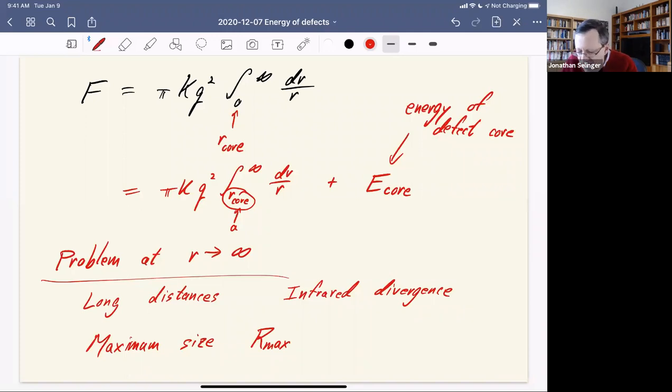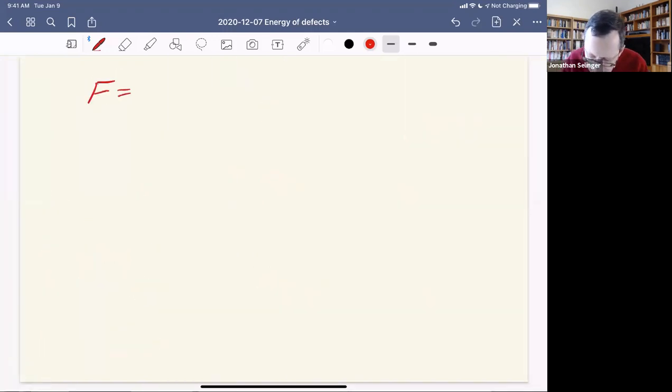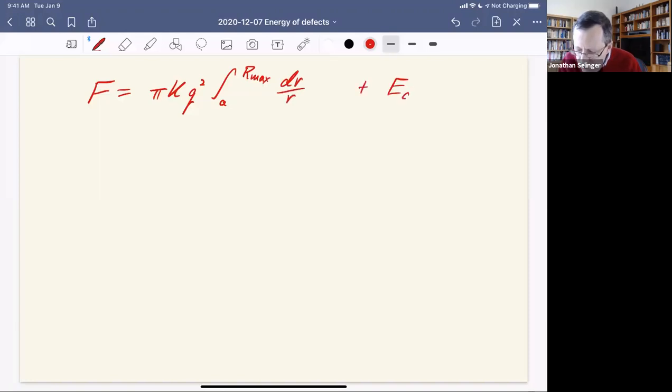And so in that case, we get a free energy, which is pi k q squared times the integral from a up to R max of dr over r, plus this core energy. This is an integral that we can do. We get pi k q squared times the natural log of R max over a, plus E core.